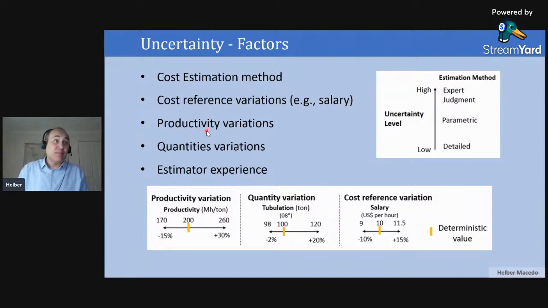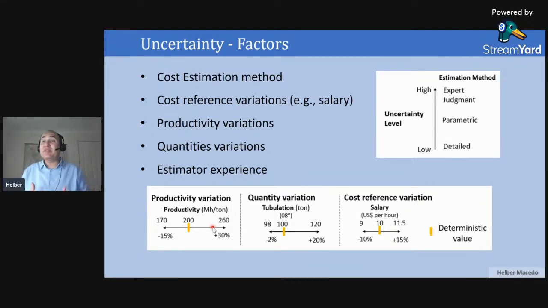In the same way, productivity, when you are planning, define what will be the duration of that activity, of that task, you use an index to calculate your productivity, in this example here for one pipeline, for example, 200 man hours per ton, but in reality, this is your assumption during the planning phase. During the execution, there are some uncertainties because of many factors, weather conditions, the quality of the crew.